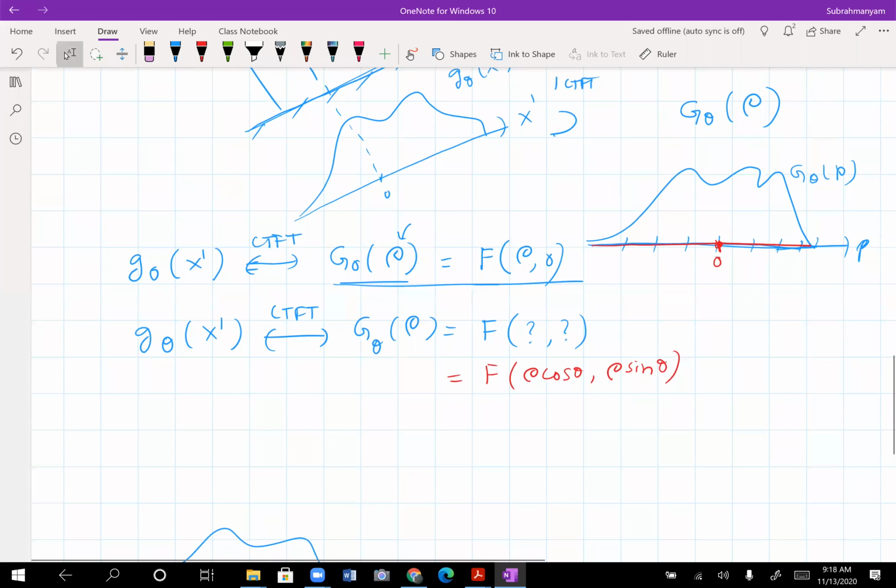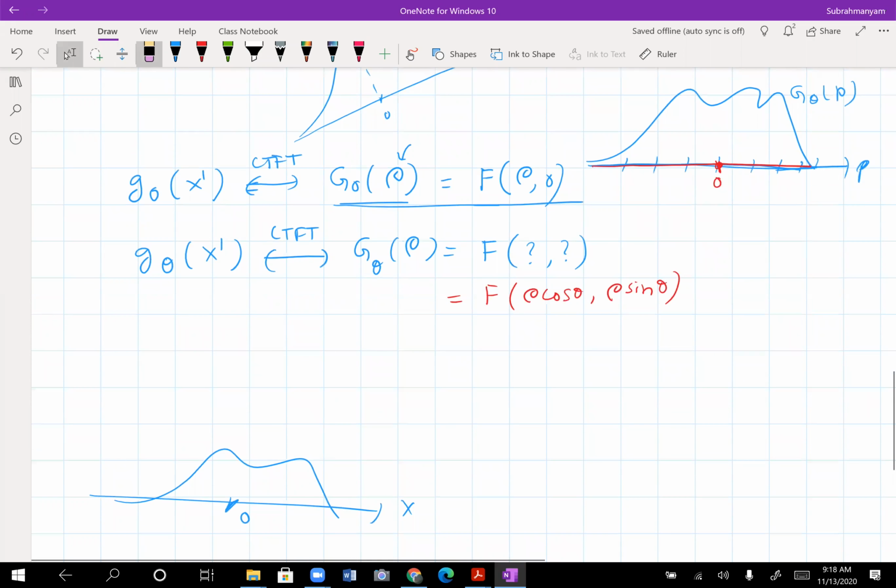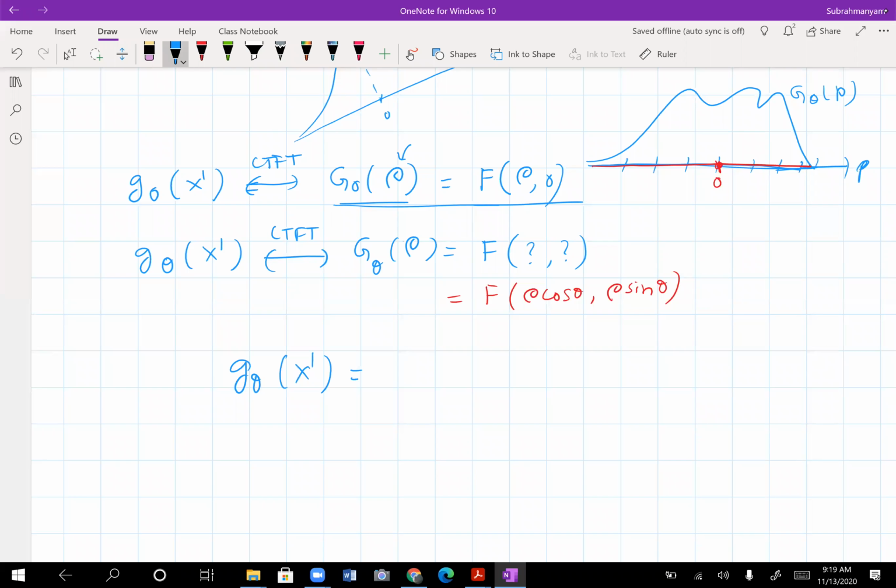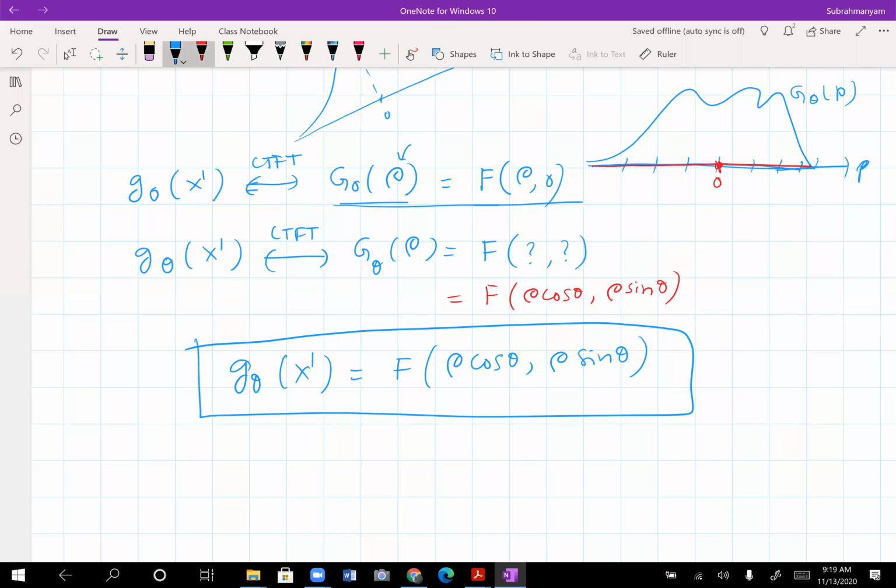Even in my last video presentation, this final expression I have not explicitly written, although we discussed the concept there. So this is the important Fourier slice theorem now. F of rho cos theta comma rho sin theta, that was the Radon transform earlier.